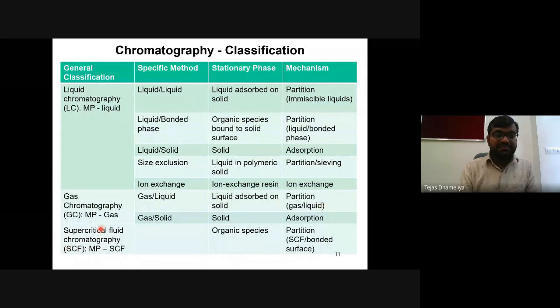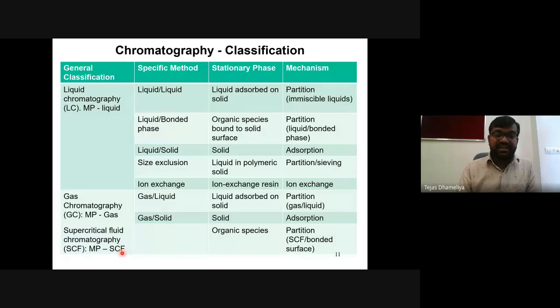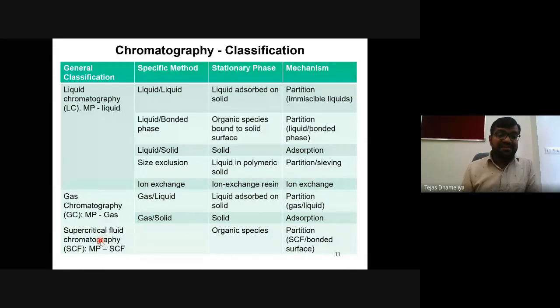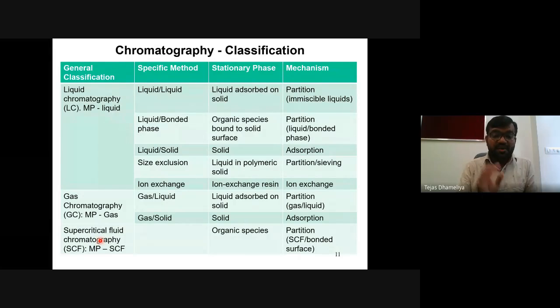Then gas chromatographic technique, where the mobile phase will be gaseous in nature, and supercritical fluid chromatographic technique, where the mobile phase will be supercritical fluids. This is a new technique which we have not discussed previously, because we know several types of chromatographic techniques are there, and some of these techniques have different mobile phases.